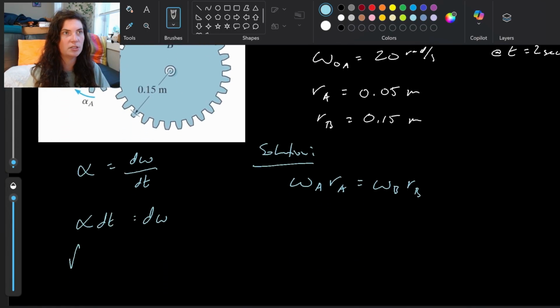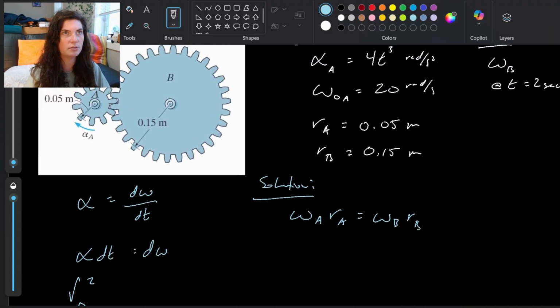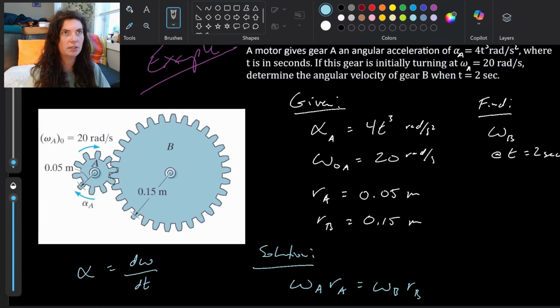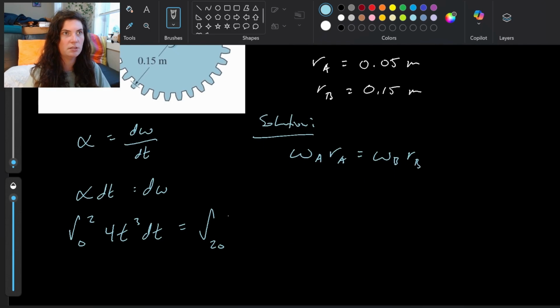So our time, we're going to start at 0 and go to 2 seconds for alpha, which was 4t cubed. 4t cubed dt equals the integral of our d omega. And so our omega is going from an initial omega of that 20 radians per second to the final omega A. And this omega A is what we need for this relationship here. So that's the guy we're trying to find.